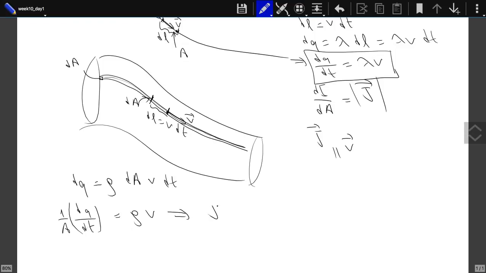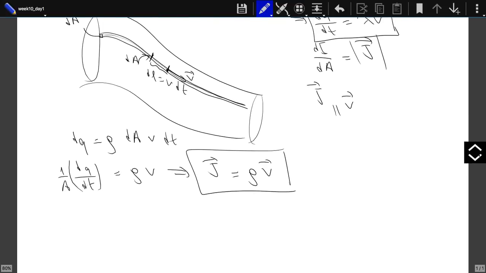And hence the current density will be rho in the v direction. So this is a vector. And if you want to calculate the total current running through a given area, you see this current density is the current per unit area. So you just multiply J by your area, the area vector this time, and integrate it over your area vector. This gives you the total current running through your area.